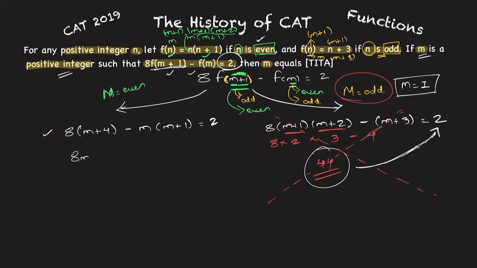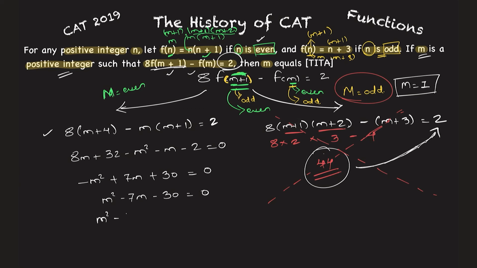So this is 8m plus 32 minus m square minus m minus 2 is equal to 0. I take a 2 here. So this turns out to be minus of m square plus 7m plus 30 is equal to 0. Okay, now what will I do? Take out the sign. So this is m square minus 7m minus 30 is equal to 0. So two numbers whose multiplication is 30 and subtraction is 7. 10 3s are 30, right?